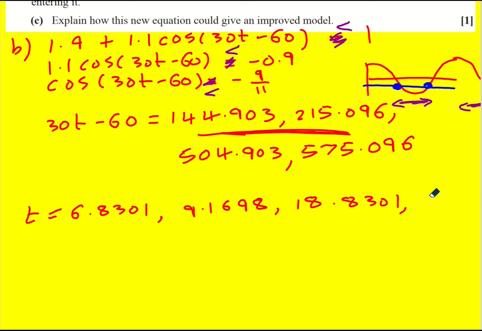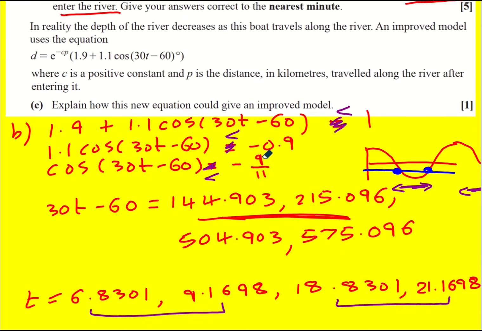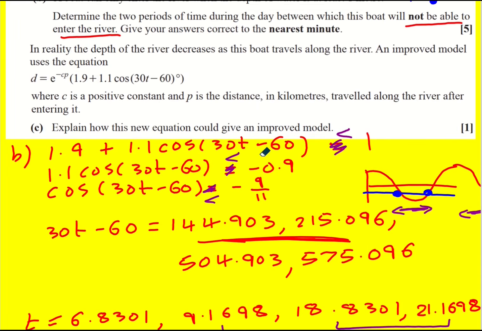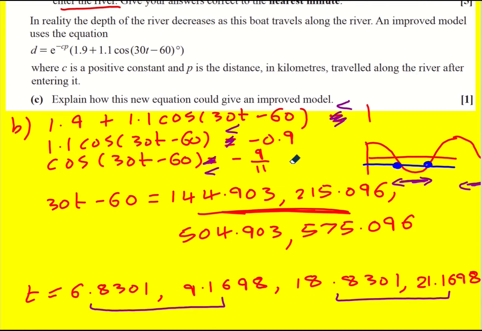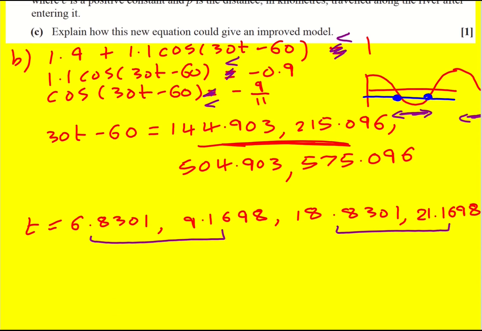It'd be the exact same time, but anyway, it's going to be outside our range. Then 21.1698. So as I said, it's going to be between these two times and between these two times. We just got to work it out as times because it says times in the day. Remember, t at the moment is just a number of hours after midnight.